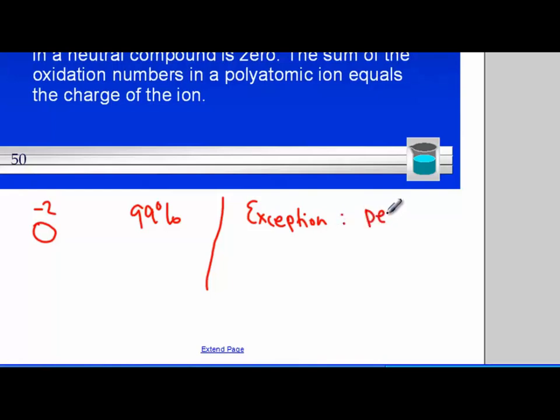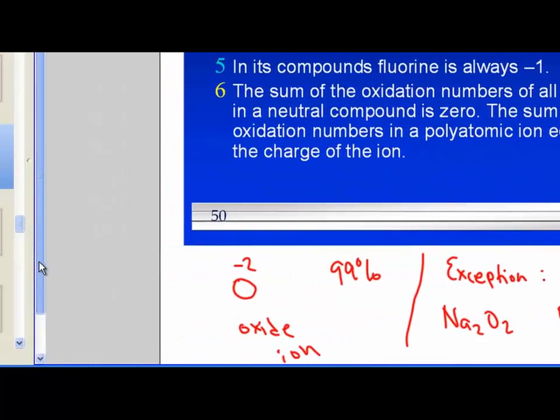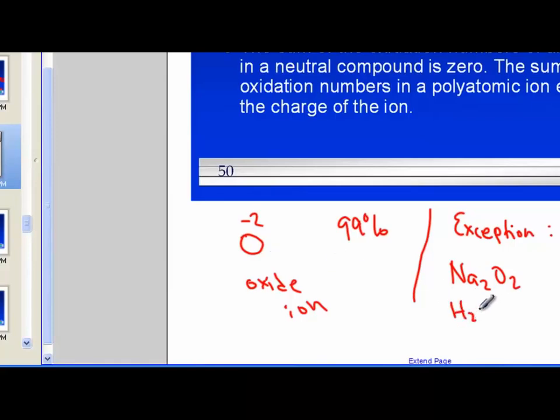The exception is if we have a peroxide. This is known as oxide ion. What is a peroxide ion? Well, it gives us an example, Na2O2, sodium peroxide. Here we have barium, Ba, was it barium? Let me peek up again. Nope, it was hydrogen peroxide, H2O2.